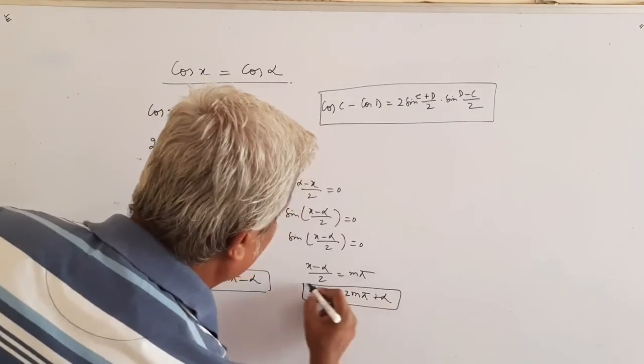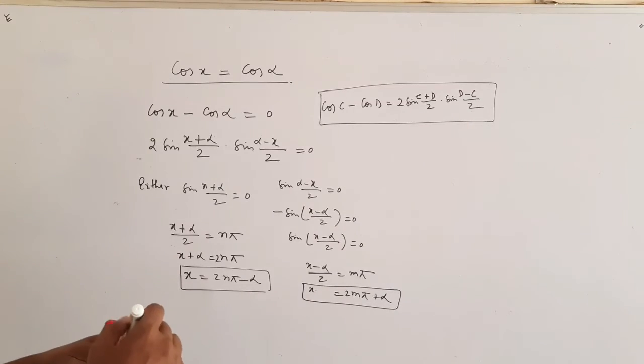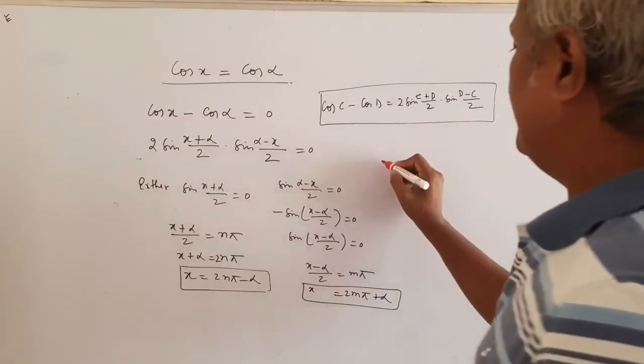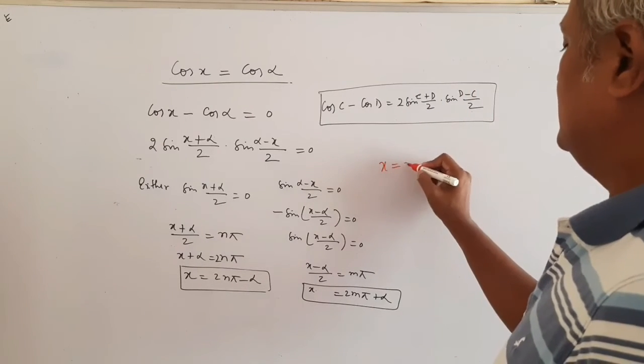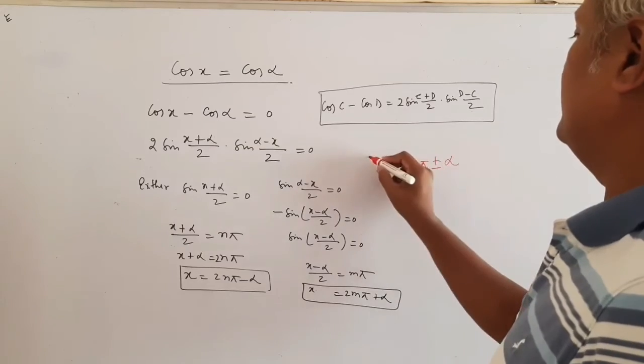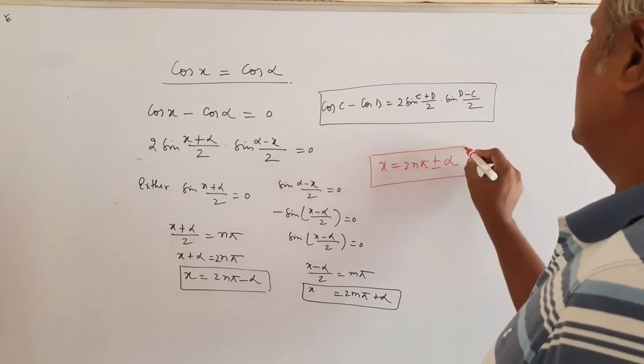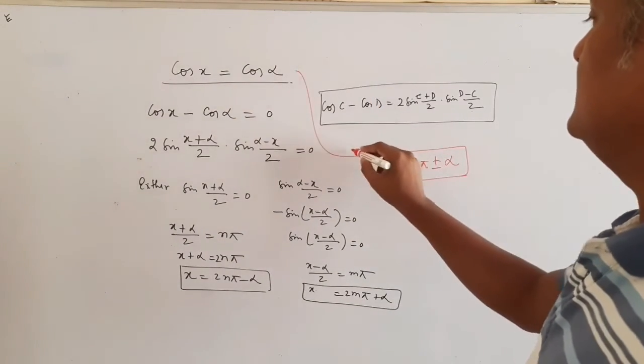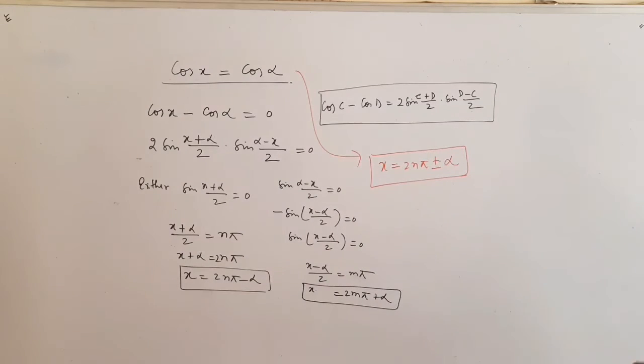So if you combine these two, you get one relation, and that is x is 2n pi plus minus alpha. This is the solution for this equation. Now let me clear the screen and then I'll solve the next one.